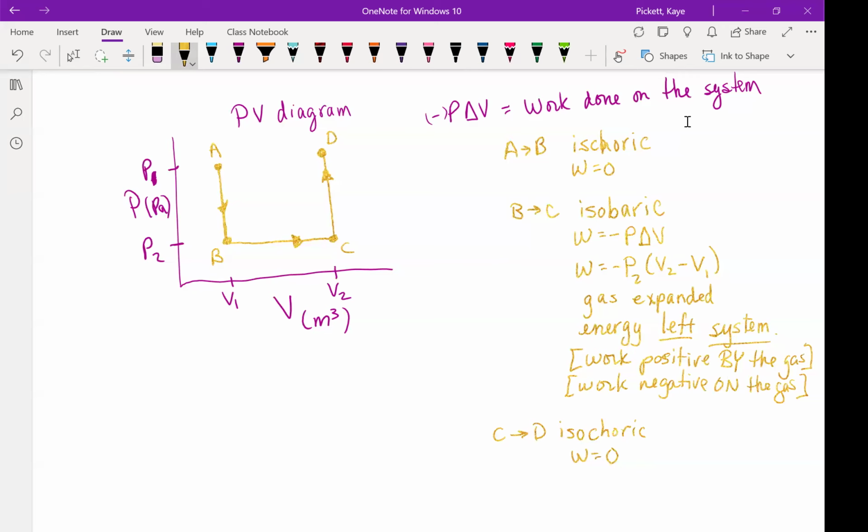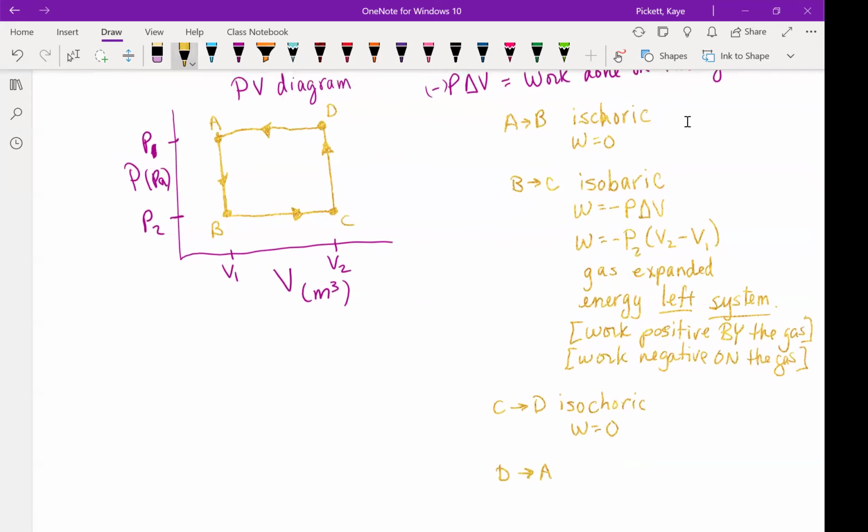Okay, so next, we're going to go from D to A, back to the beginning. And so that's a cycle, and I have cycled through.